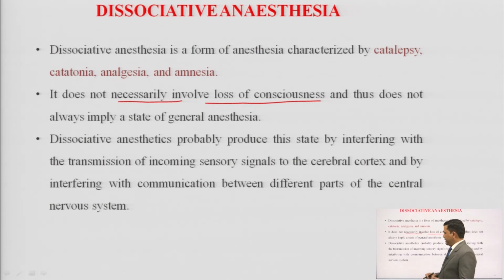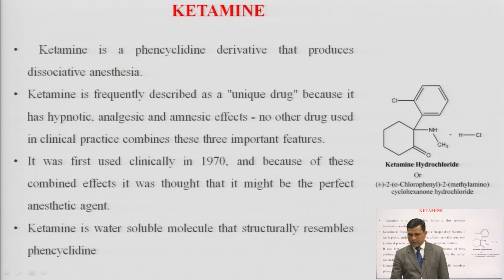The main feature is that dissociative anesthetics probably produce this state by interfering with the transmission of incoming sensory signals to the cerebral cortex and by interfering with the communication between the different parts of the central nervous system.